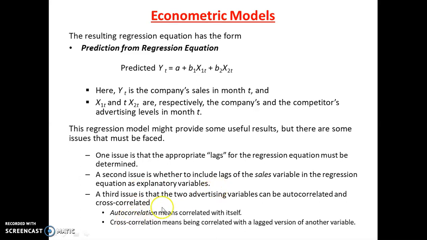The third issue is that the two advertising variables can be autocorrelated and cross-correlated. So what do we mean by autocorrelation? Autocorrelation means a variable correlated with itself, and cross-correlation means being correlated with the lagged version of another variable.